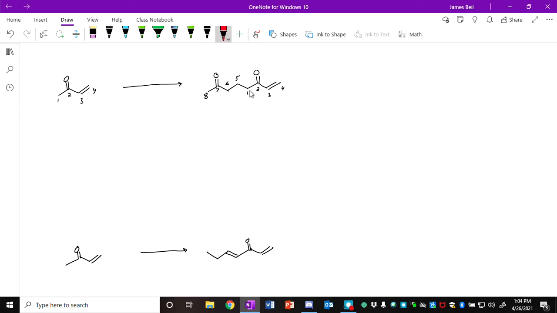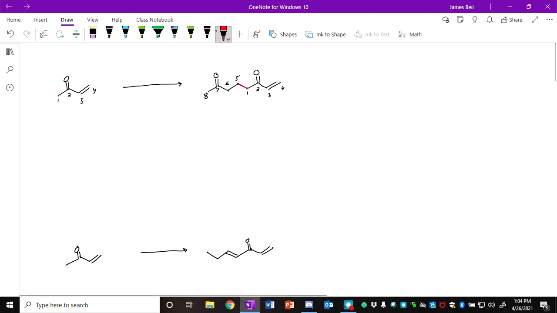And in the process, it's going to make a bond between carbon 1 and carbon 5. So if we want to make a new carbon-carbon bond, we're going to have to probably make one of these carbons a nucleophile and the other electrophile, right?